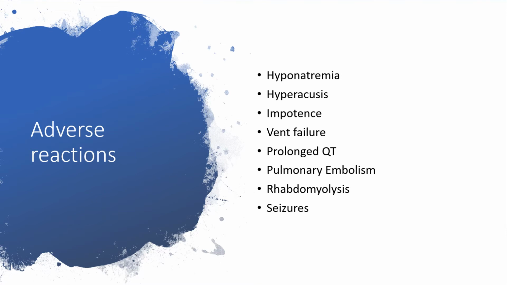Included on adverse reactions will be hyponatremia, hyperacusis, impotency, ventricular failure, prolonged QT syndrome. With prolonged QT, if it is not properly handled, it can progress to torsades de pointes. And if that is not treated on time, it can progress to monomorphic ventricular tachycardia.